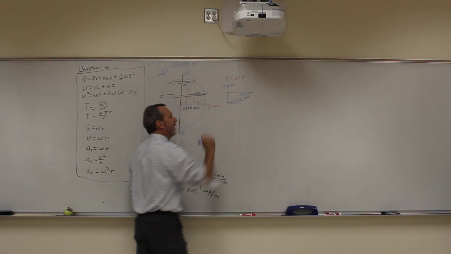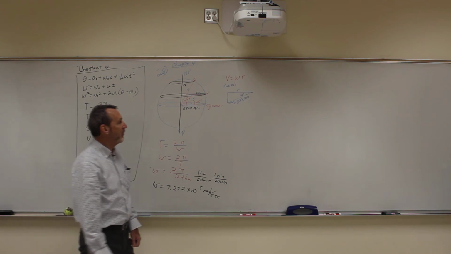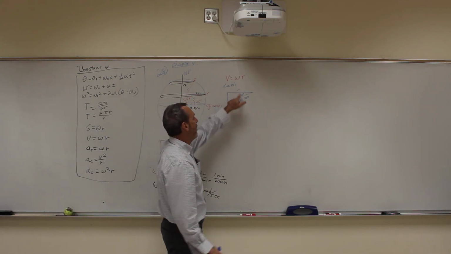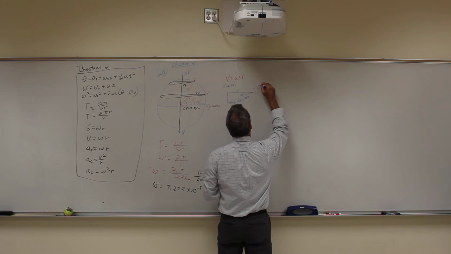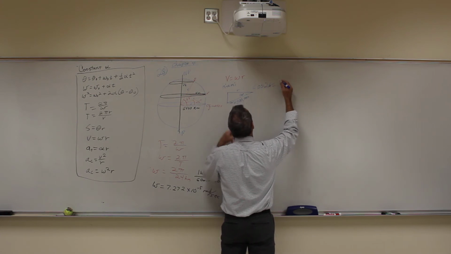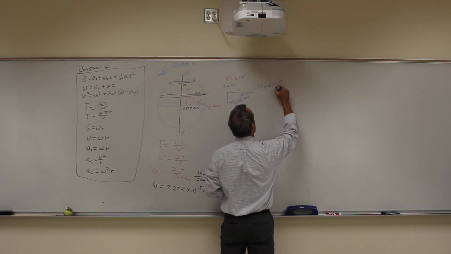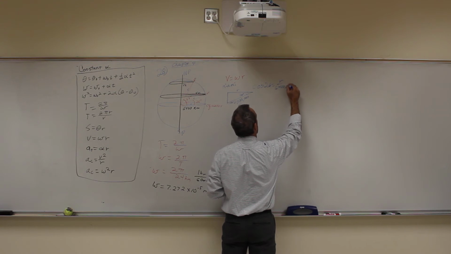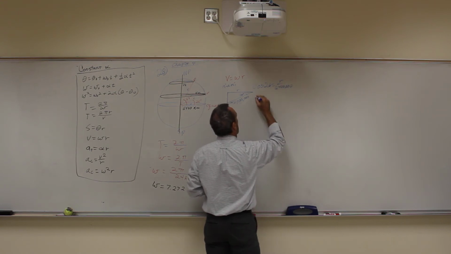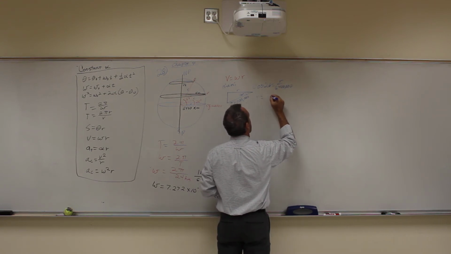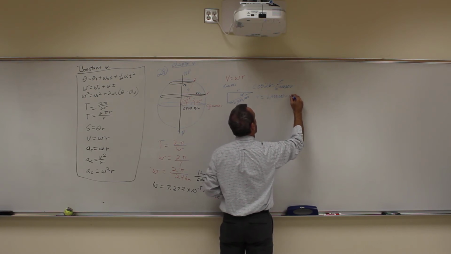I need to know that side right there. So I'm just going to do a little trick and say, oh, well that's cosine. Cosine of 26 degrees has to be equal to r over 6,400,000. Or r is equal to 6,400,000 times the cosine of 26.